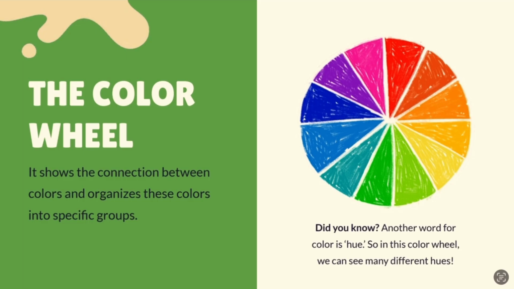In this color wheel on your right, you can see many different hues, like red, orange, yellow, green, blue-green, blue, blue-violet, violet, purple, pink, and red-violet. Well, pink is not in the color wheel.